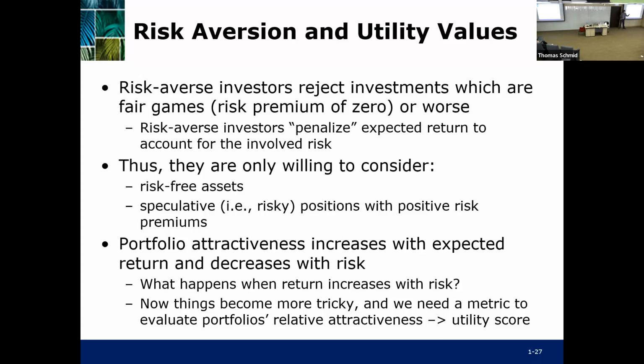There is no risk premium. And the risk averse investor would always reject it. The risk-averse investor will always say, no, I don't want to play that game. Yeah? But the risk-averse investor does not reject all risk. The risk-averse investor also is willing to consider risky positions if there is a positive risk premium.